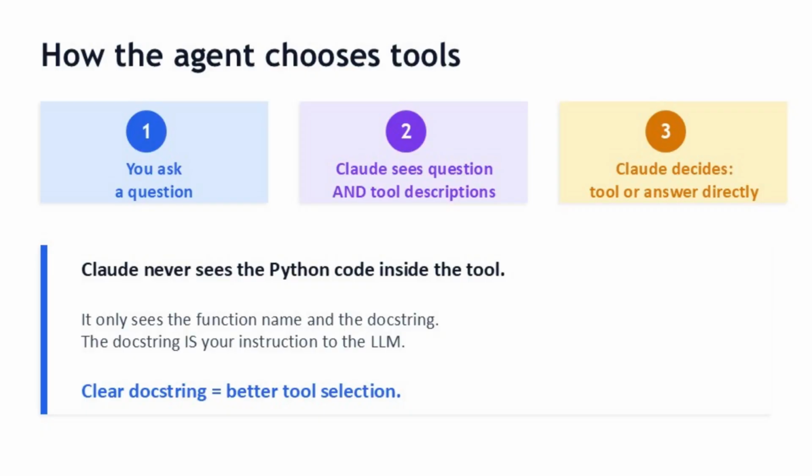The words match, so Claude calls the tool. Ask, "What drives gold prices?" Claude doesn't need live data for that, so it skips the tool entirely. This is why the docstring matters so much. A clear, specific description means better tool selection. A vague one means the agent calls the wrong tool, or doesn't call it when it should.